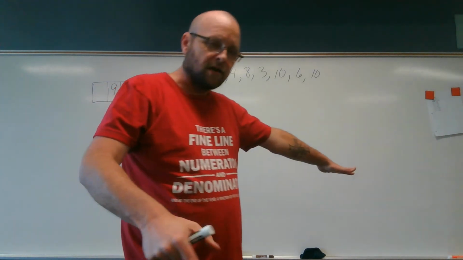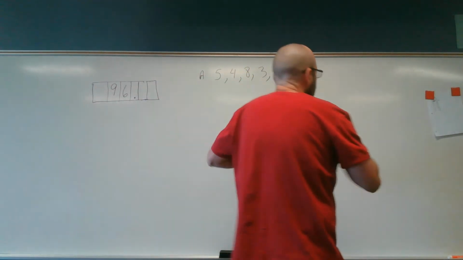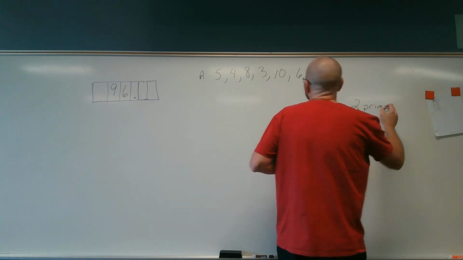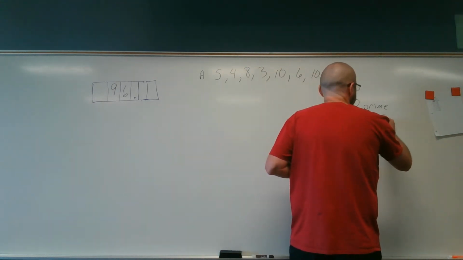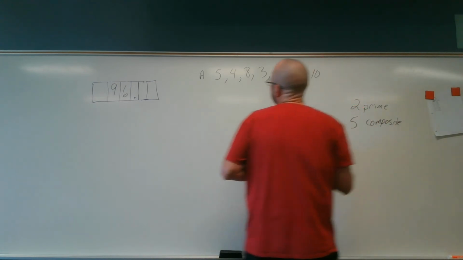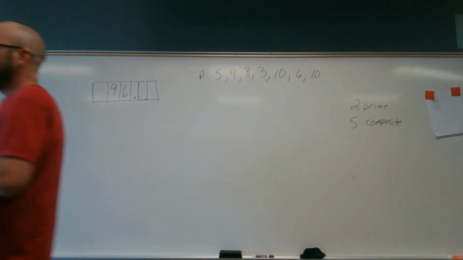What did it say her cards had? 2 prime numbers, and how many composite? 5 composite. 1, 2, 3, 4, 5, 6, 7.